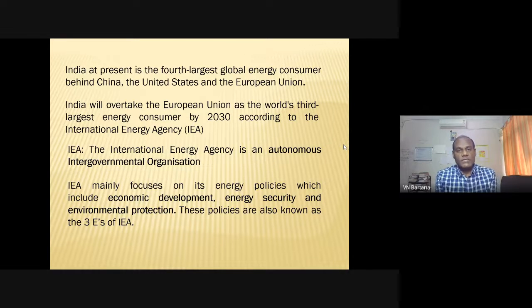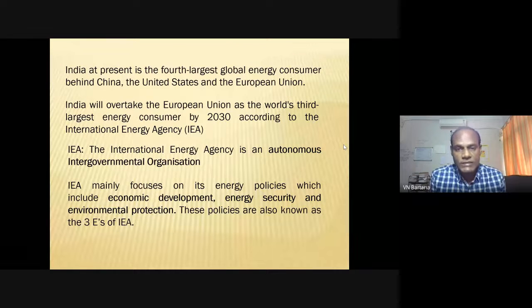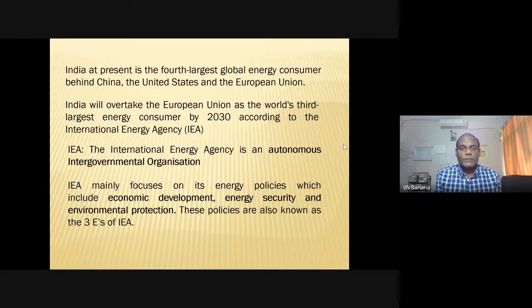I had told you that IEA, the International Energy Agency, is an autonomous intergovernmental organization. India is a corporate member of IEA, and IEA is working in close coordination with the governments of different nations in the formation of energy policy, economic development, energy security, and environmental protection also.